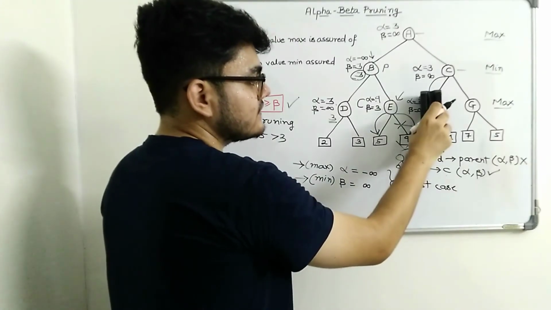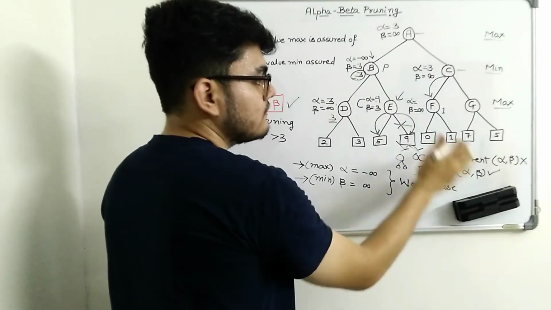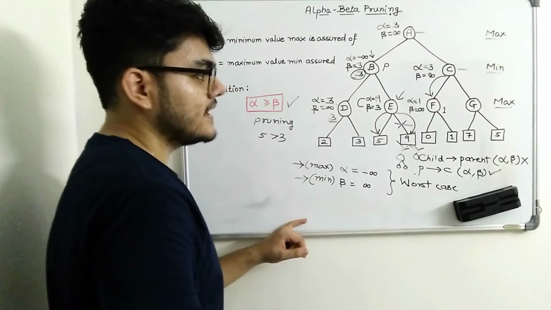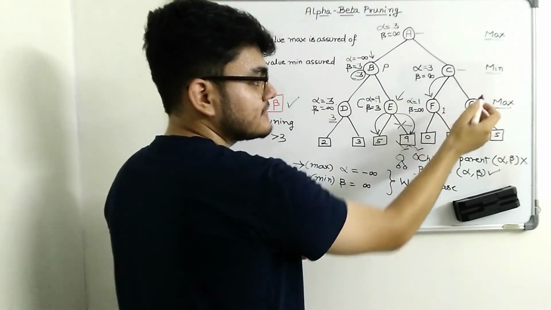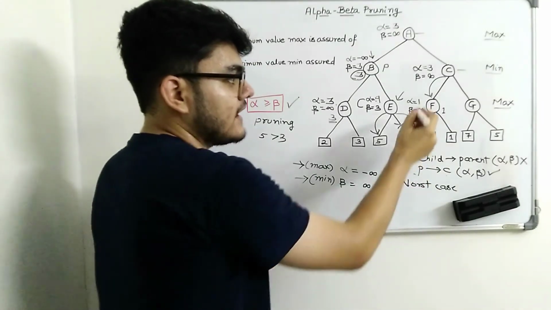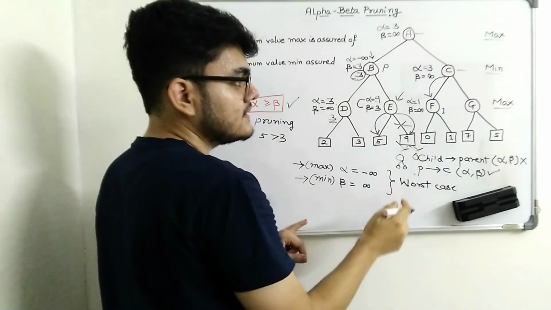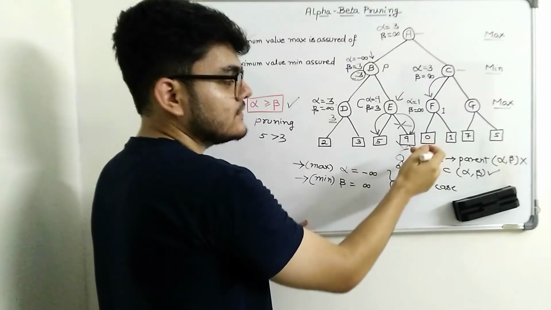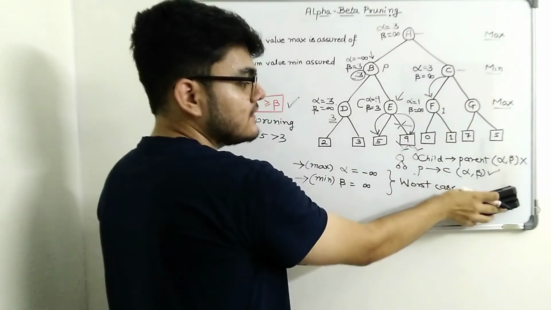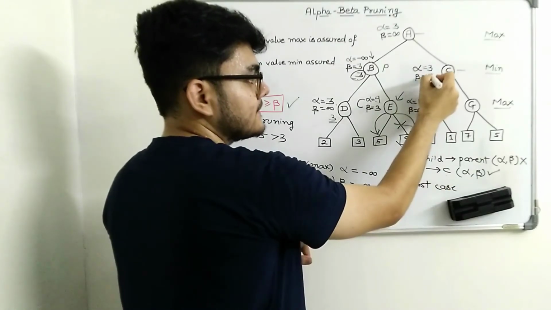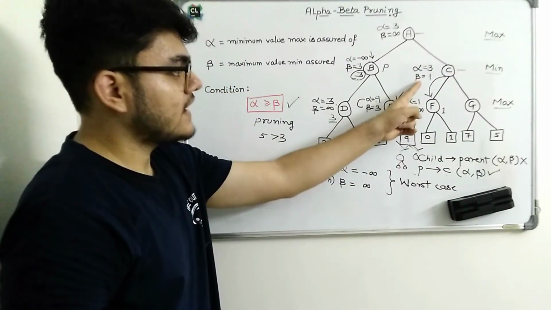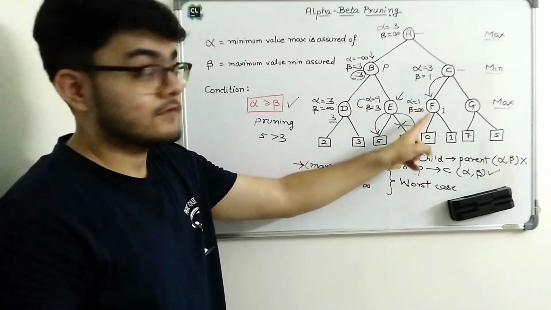So I will change the value of alpha from 3 to 1, right? Now I will again backtrack and try to explore this position. The value of alpha is 1 here. So this is the minimum value that the minimizer will take now. So the value of beta will now change to 1, right? You can see the value of beta will be 1, which we have got from here.